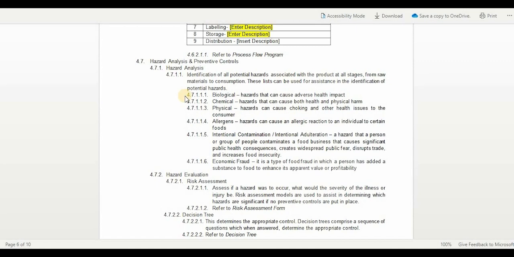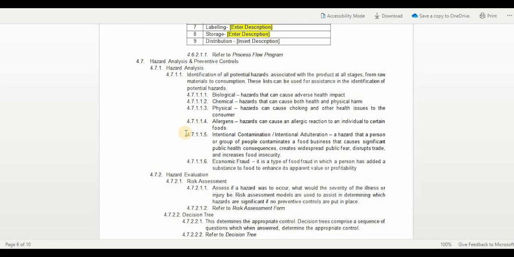Biological. Hazards that can cause adverse health impact. 2. Chemical. Hazards that can cause both health and physical harm. 3. Physical. Hazards can cause choking and other health issues to the consumer. 4th, allergens. Hazards can cause an allergic reaction to an individual to certain foods.